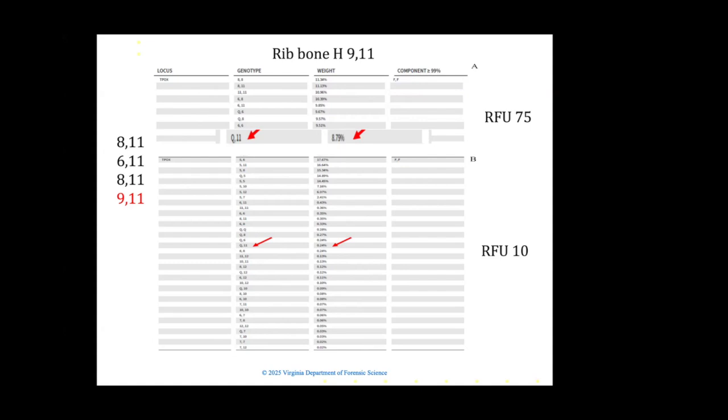Now, when reanalyzed at a 10 RFU analytical threshold and then analyzed by STRmix, that Q,11 genotype becomes much, much lower. Now it's 0.24%.